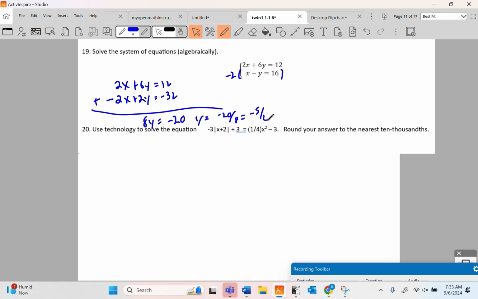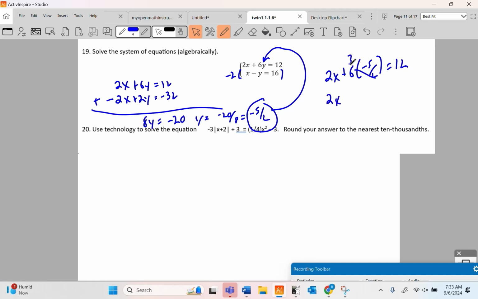And now that we have a y value, we can just plug it in. It doesn't really matter where you plug it in. I'm actually going to put it in the first equation because there won't be a fraction anymore. Like that fraction will disappear some. So 2x plus 6 times -5/2 is 12.